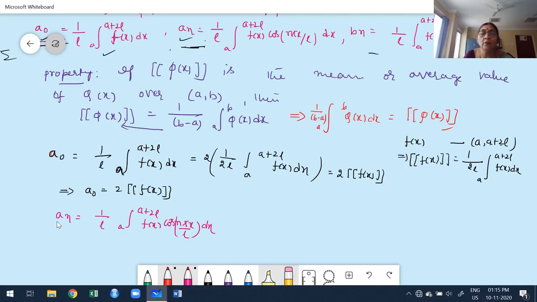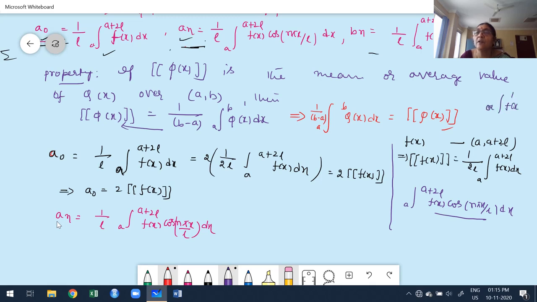Now, one important thing we have to know: the integration of a to a plus 2L of f of x into cos of n pi x by L with respect to x can be evaluated only when the function is defined in the interval. For example, integration of 0 to 1 of f of x dx can be evaluated only if the function is defined in the interval 0 to 1.